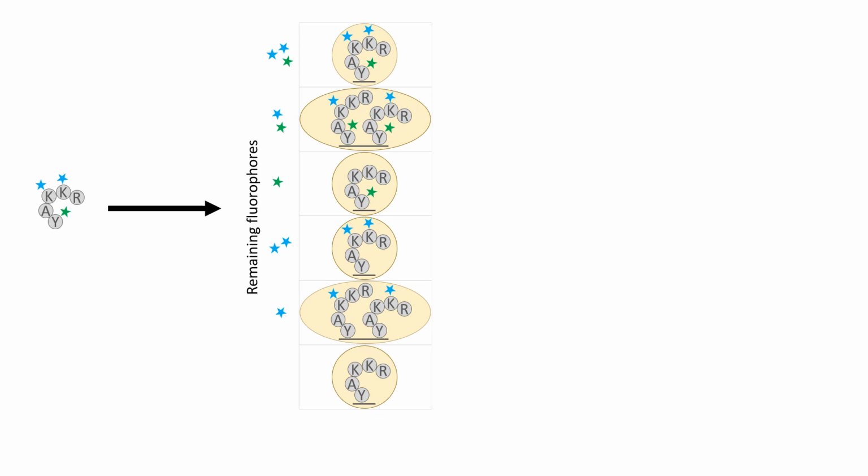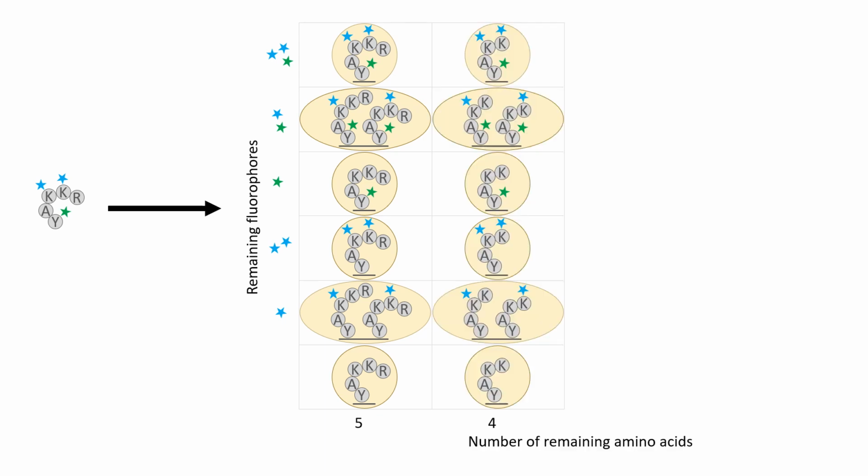We can't actually see any difference under the microscope, and so it all comes out the same. If we do one more step of Edman degradation, this N-terminal amino acid, this arginine here, doesn't have a fluorophore on it in any scenario, and so we still have no loss in this model.